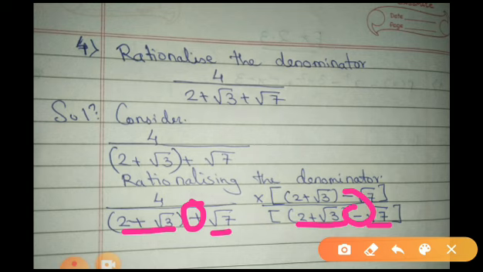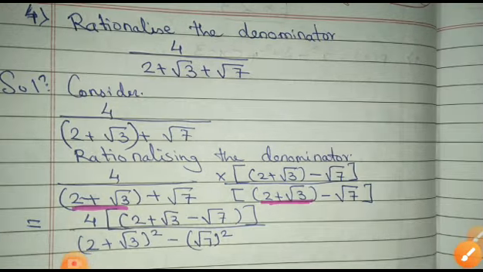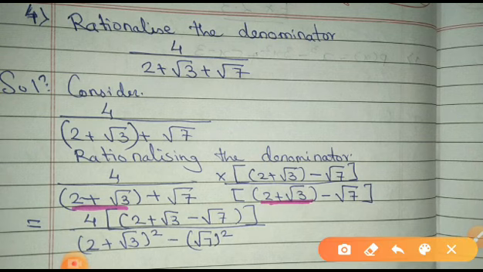So I can write it as a square minus b square. My a is 2 plus root 3, so I have written here 2 plus root 3 whole square, and b is root 7, so root 7 whole square, and 4 multiplied with this bracket. Either you can multiply 4 inside or keep it outside itself. Since it is a constant, I have just put it outside.